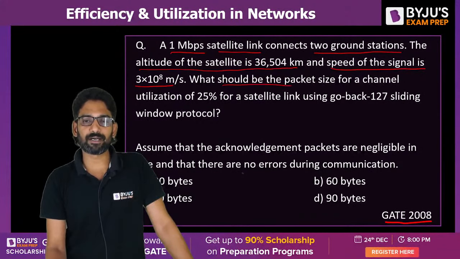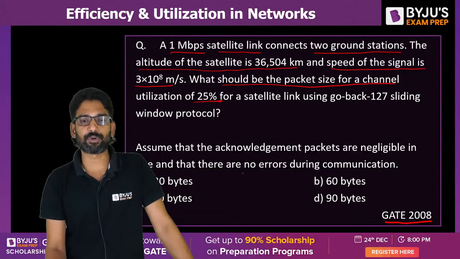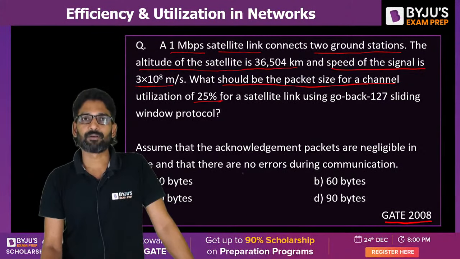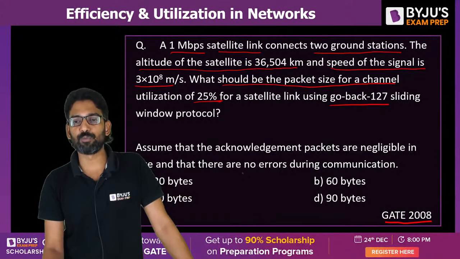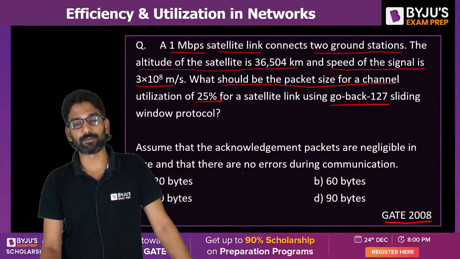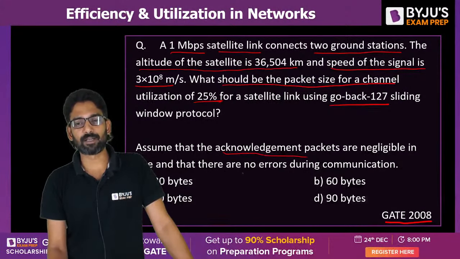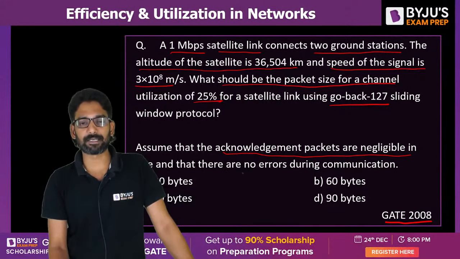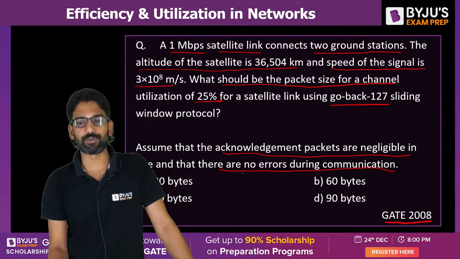What should be the packet size for channel utilization of 25% for a satellite link using Go Back 127 sliding window protocol? Assume acknowledgement packets are negligible in size and there are no errors during communication.